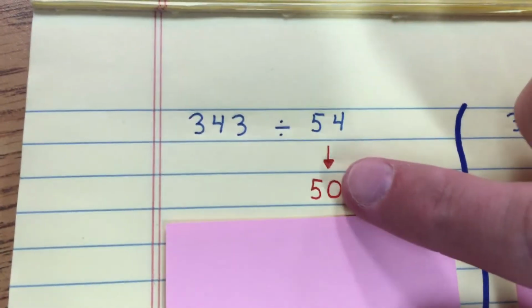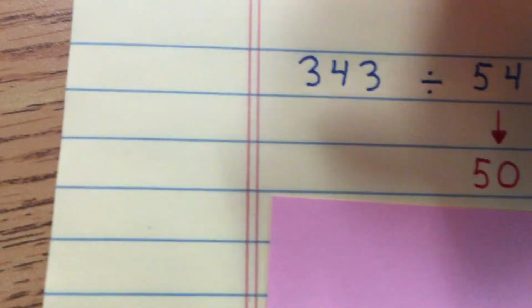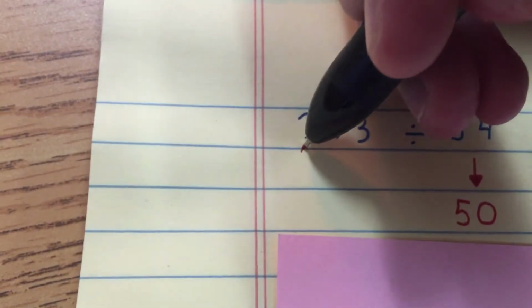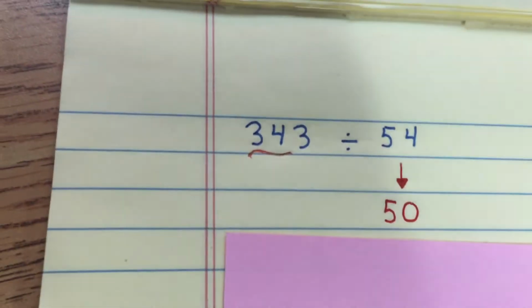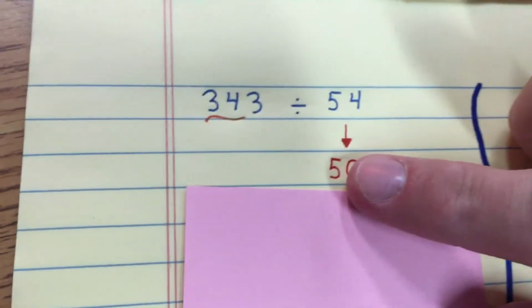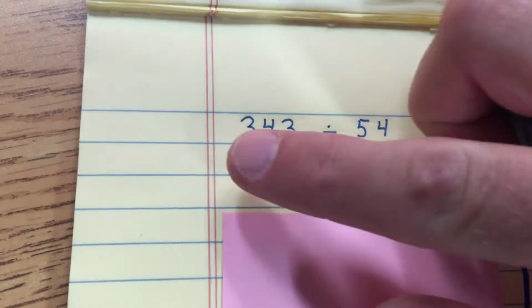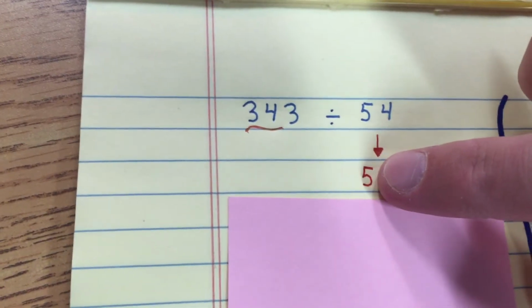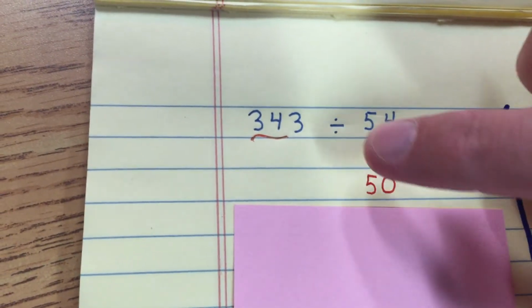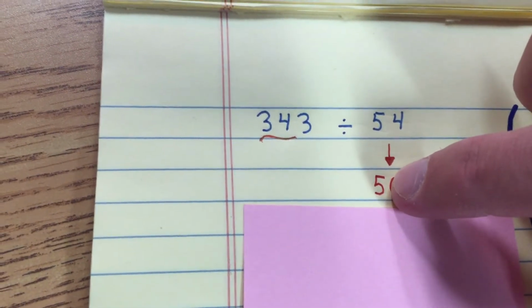Now we're going to look at just the 5, and we're going to focus on the first two digits of the dividend, the 3 and the 4. So we want to ask ourselves, how can we get 5 to equal 34? In other words, 5 times what gives us 34 or near 34?